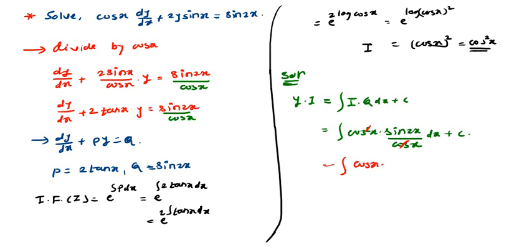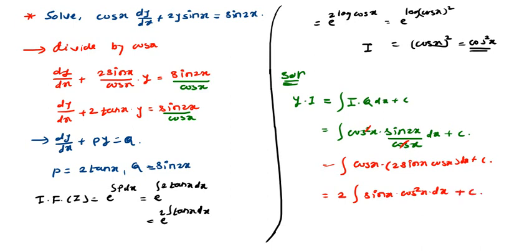I can write sin 2x as 2 sin x cos x dx plus c, which is equal to 2, a constant, I can take it out. So what remains here is sin x into cos square x dx plus c.